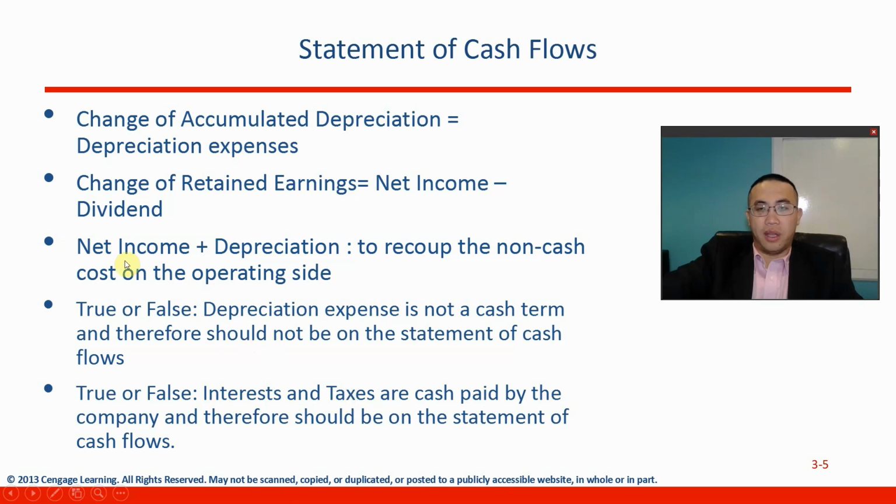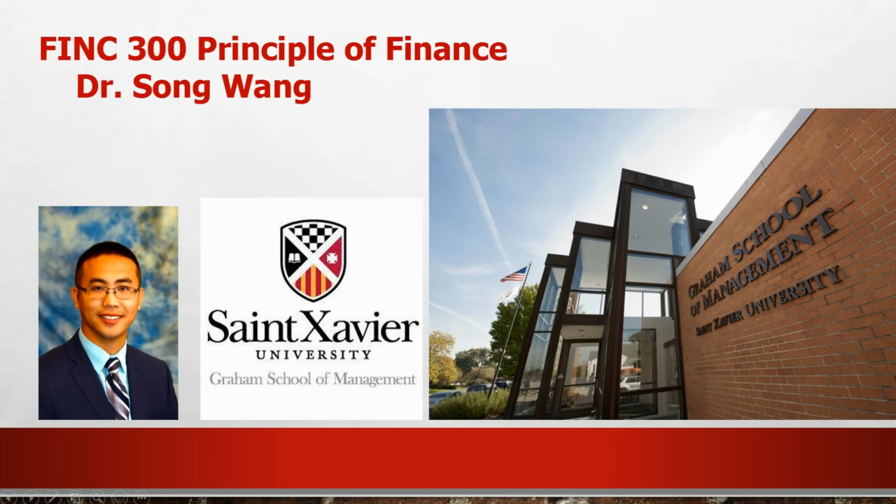So net income, as I said earlier, is sales minus operating expenses minus interest minus taxes. So net income is after interest and taxes are deducted. So if you have net income on the statement of cash flows, you don't need to put interest and taxes again. Therefore, you don't see these items on the statement of cash flows.